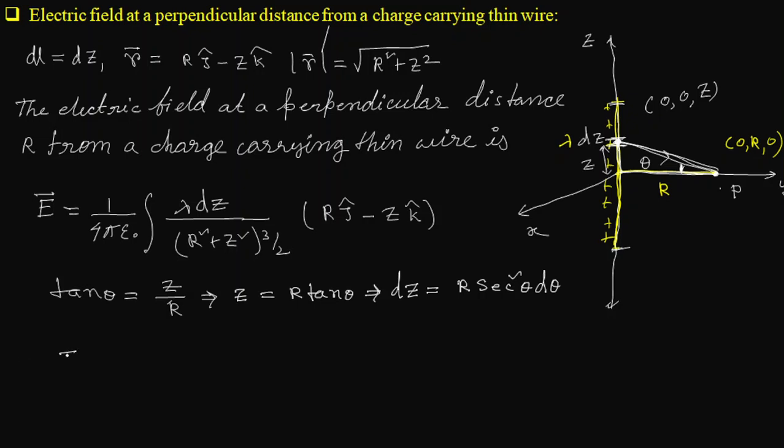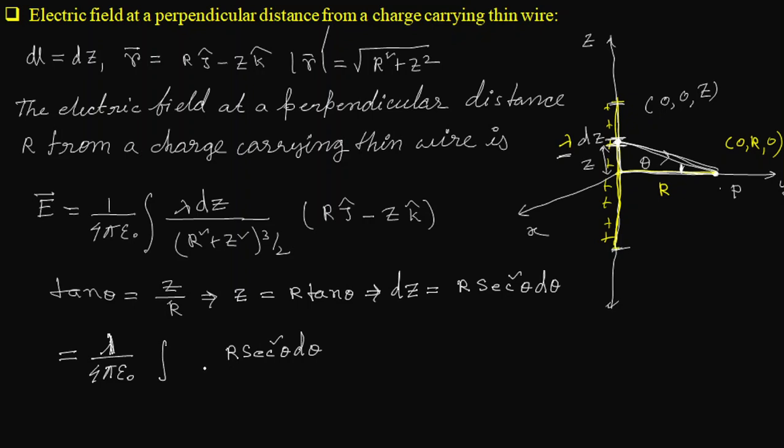So we do that, then we'll get 1 by 4 pi epsilon naught lambda. Again, in this case we have considered a uniform charge density, so we can take lambda outside, and the value of dz is r sec square theta d theta.